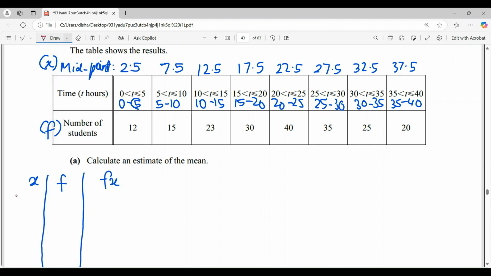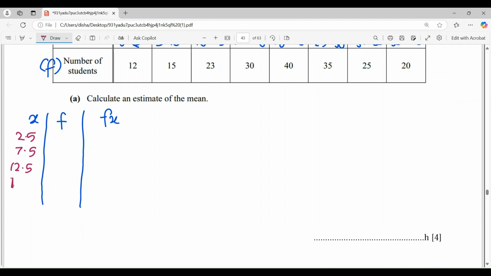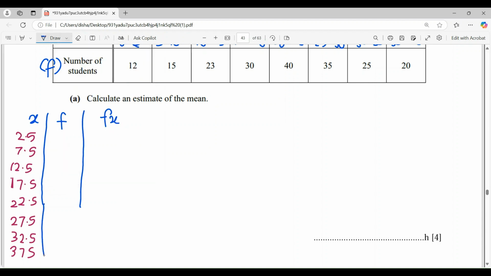So, 2.5, 7.5, 12.5, 17.5, 22.5, 27.5, 32.5, 37.5, and the corresponding frequencies.